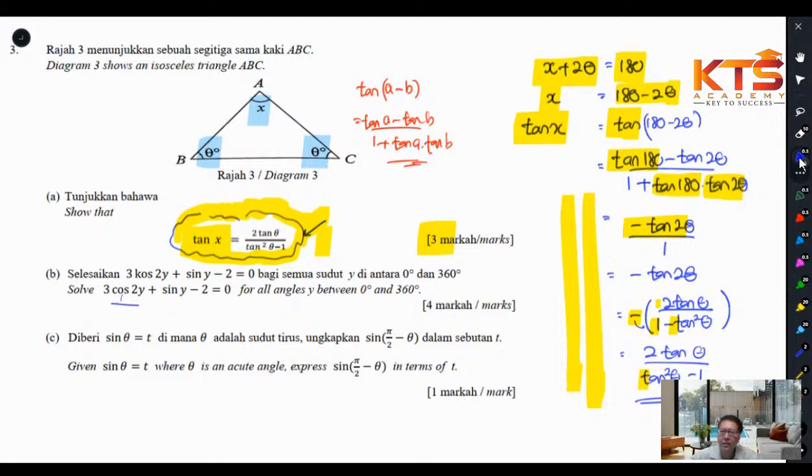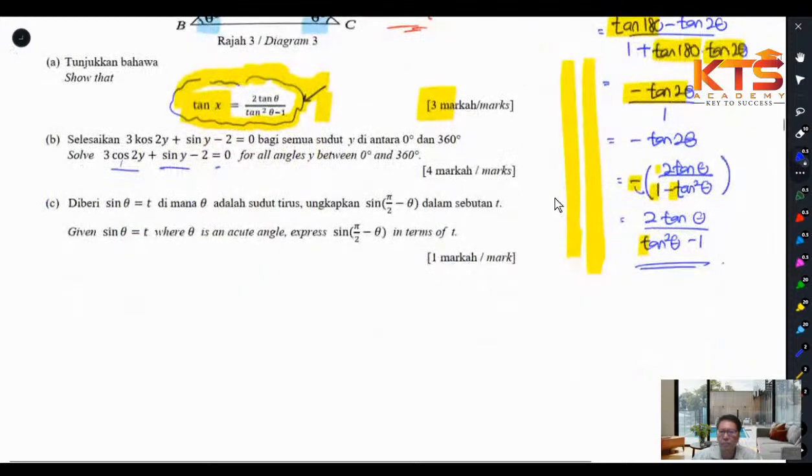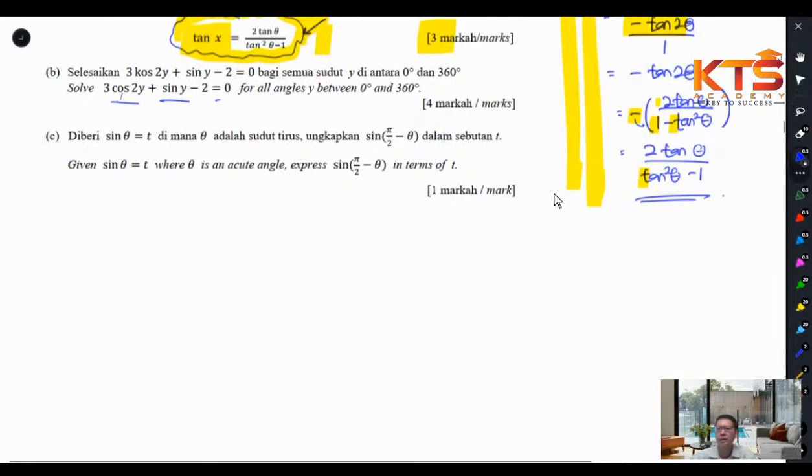Solve this thing for all angles. Okay, now this one is different already. Whenever you see this: 3 cos 2y plus sine y minus 2 equals to 0.